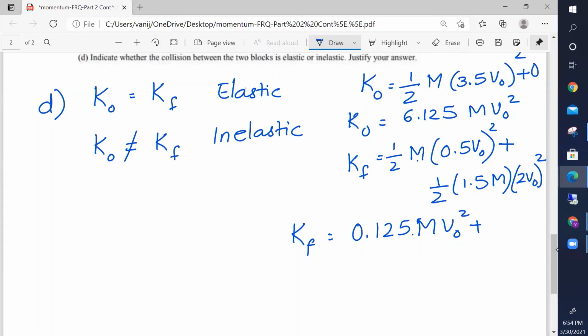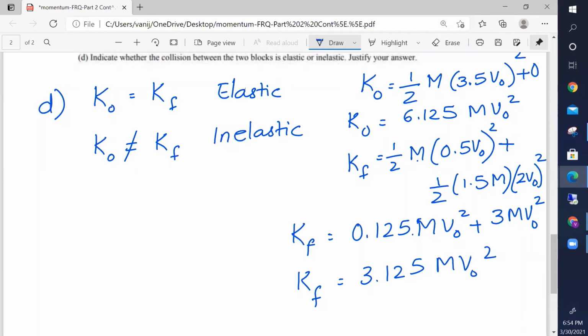So that is going to be equal to 3 m V0 squared, right? So if you add these, that would be 3.125 m V0 squared.